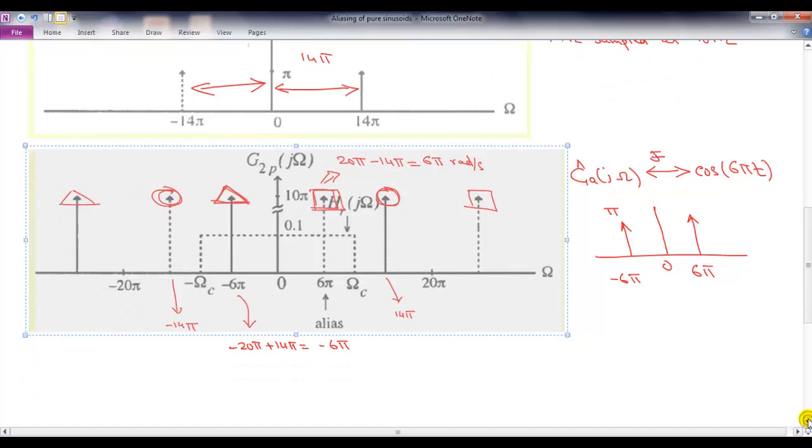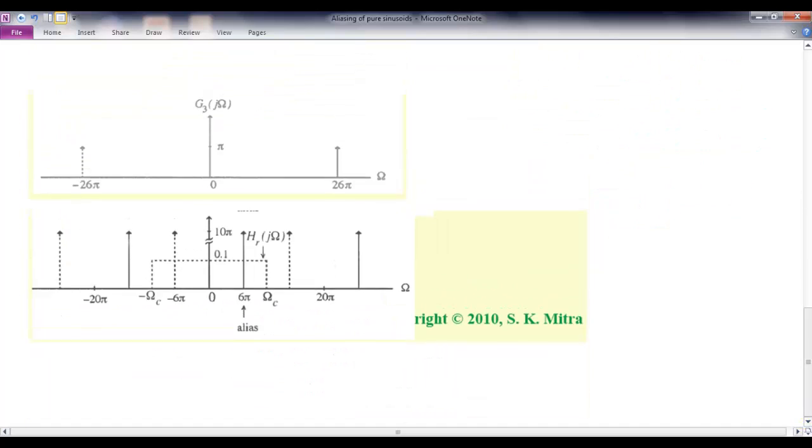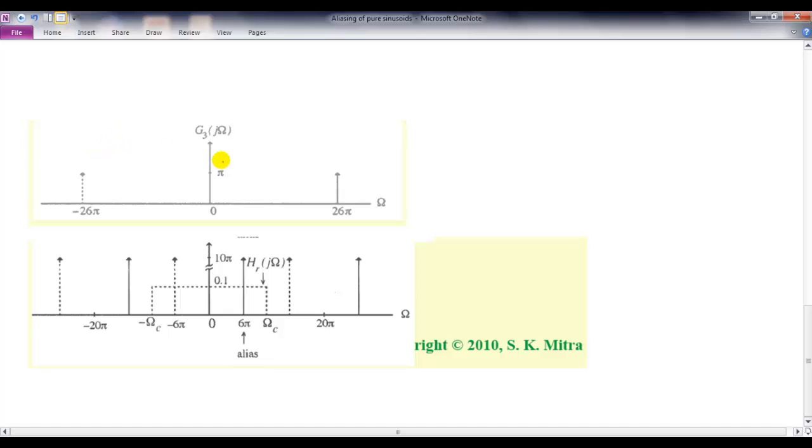Let's look at the other case now. Here I have the main copy, which is at 26 pi and minus 26 pi. I'll use the same notation again. This circle is due to the main copy.